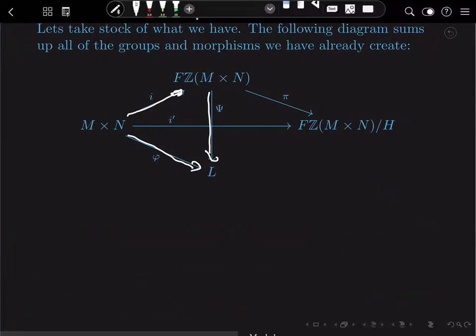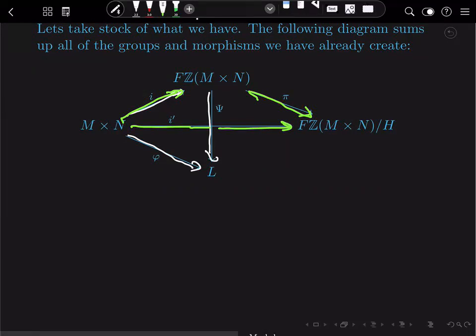We're given the map phi from M cross N to L, and the free group. This factors uniquely through the map psi, so that's good. And then this second triangle, which I will highlight in green, comes from the quotient construction that we just performed.